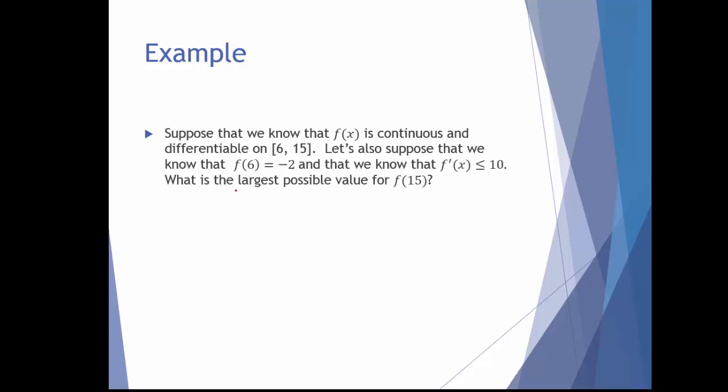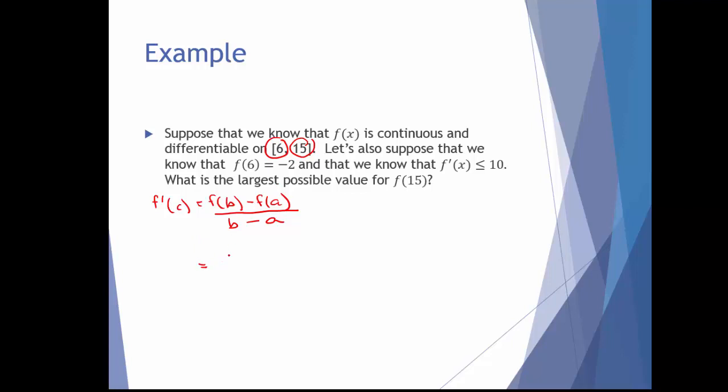So let me write down the conclusion of the mean value theorem real quick. This is its conclusion, assuming that your function is continuous and differentiable on your interval, which we have already been told that it is. Our b is going to be 15, and our a is 6. Let's see what kind of pieces we can fill in for this.